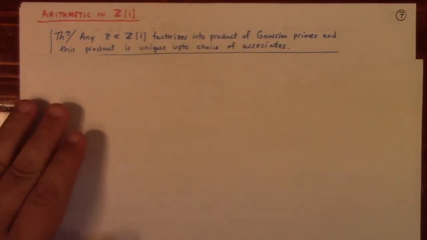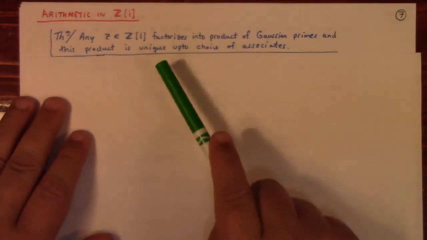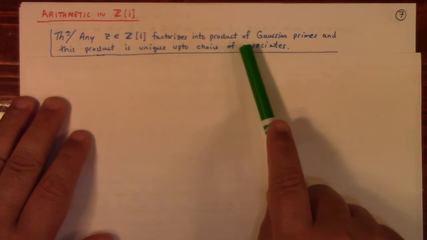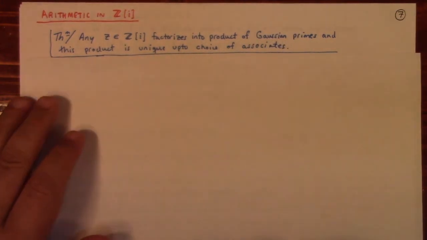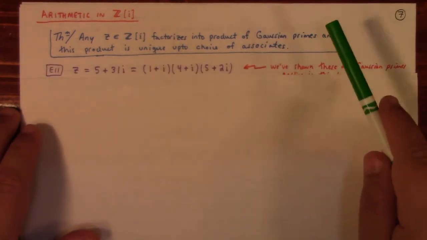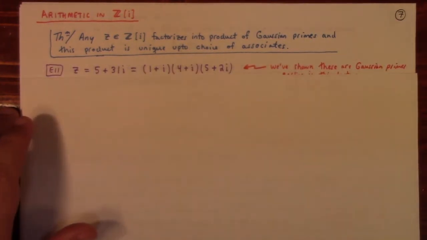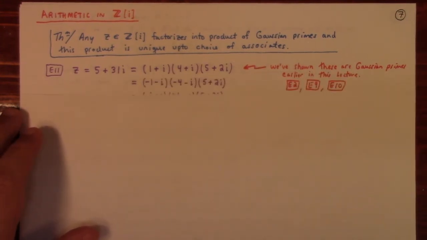So first of all, there is a fundamental theorem of arithmetic. Any Gaussian integer factors into a product of Gaussian primes, and this product is unique up to choice of associates. That's pretty cool. I'm not going to prove it, but the proof is similar to the one which was given for integers. And so here's an example, just putting it into practice.